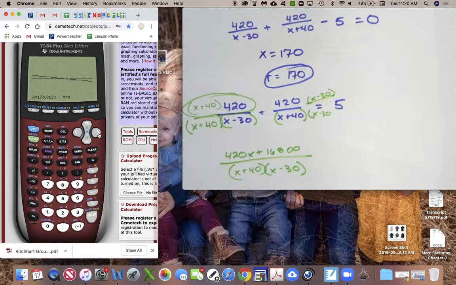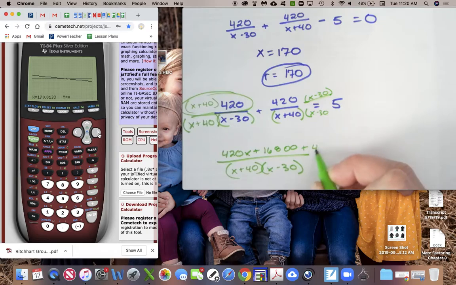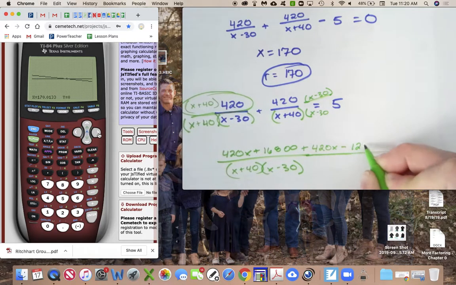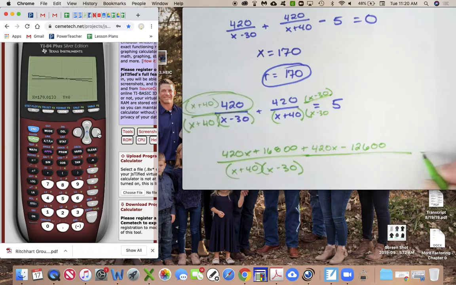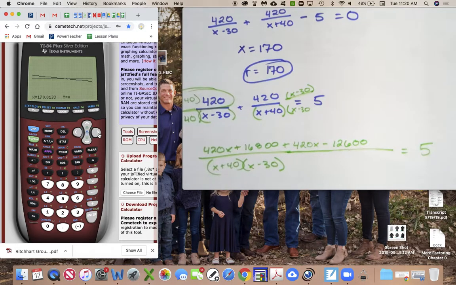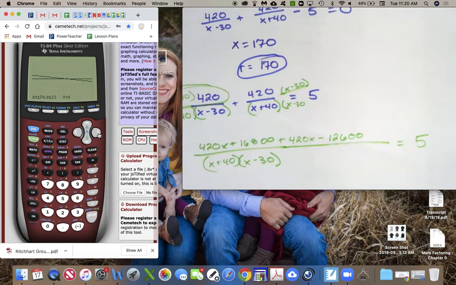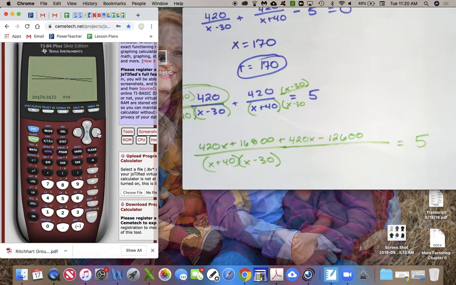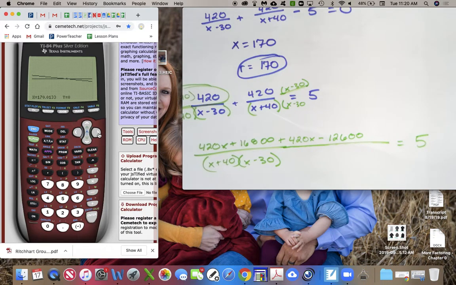Now plus 420x minus 420 times 30, 12,600, equals 5. So I have them all under the same denominator. Found my common denominator. They're all under one roof. Let's simplify the top part real quick.